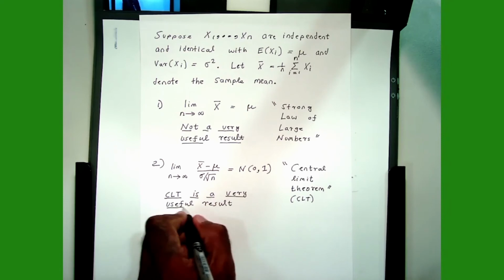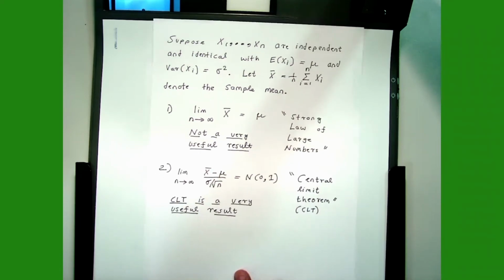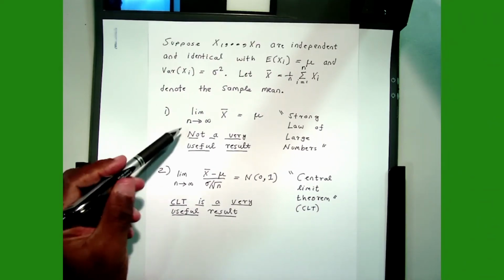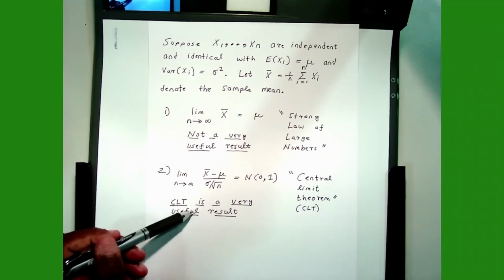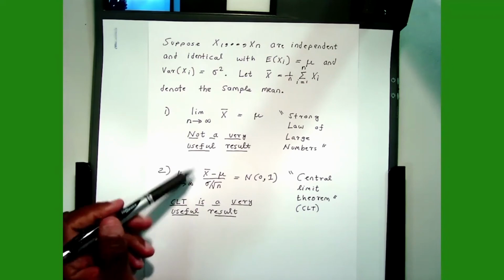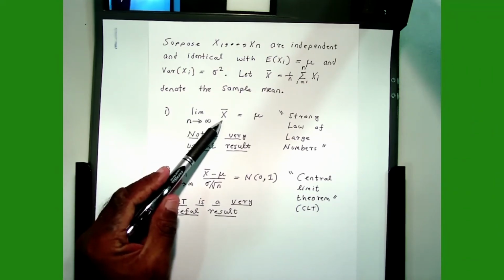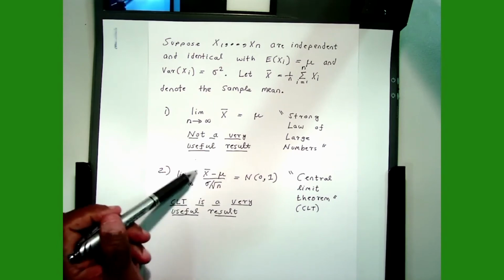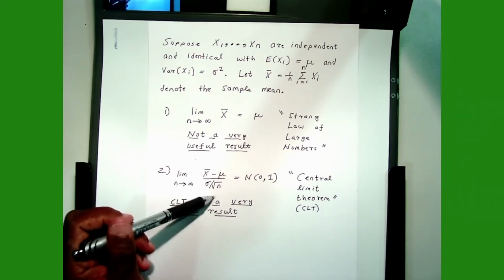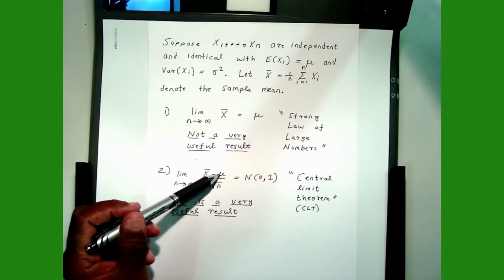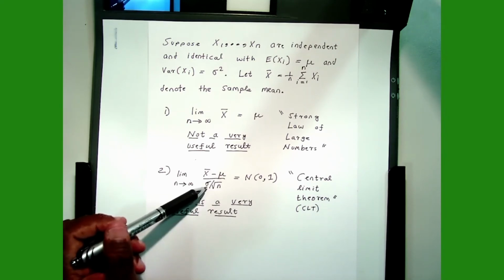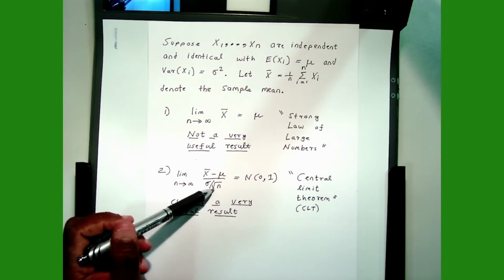So we have gone from a result that is not very useful to a result that is very useful. And what have we done? To go from this to this, instead of looking at the limit of X bar, we have looked at the limit of a scaled version. We have subtracted a constant mu and divided by a constant sigma by root n.